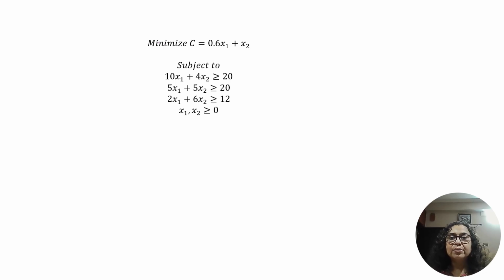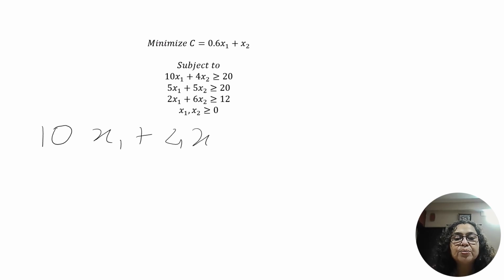Now when we start with the graphical solution, first we convert these constraints into equations. So we write them in equation form. The first one is 10x1 plus 4x2 is equal to 20.